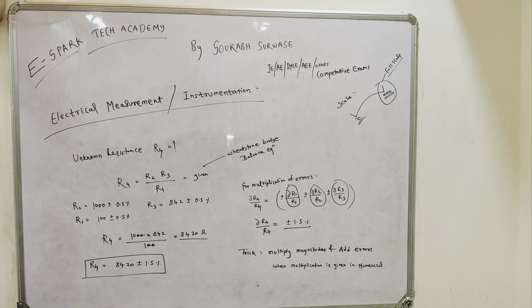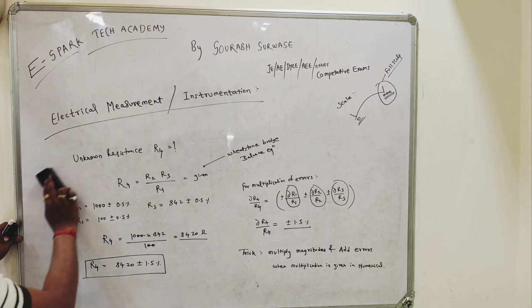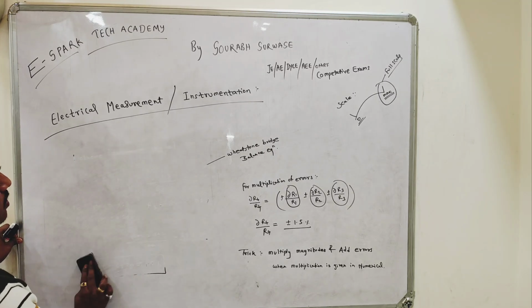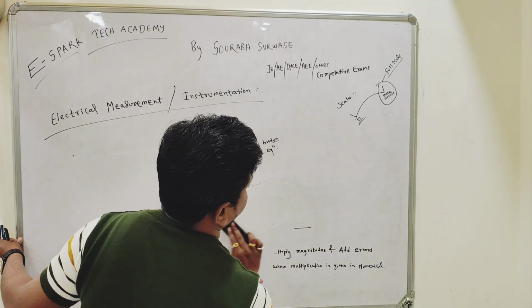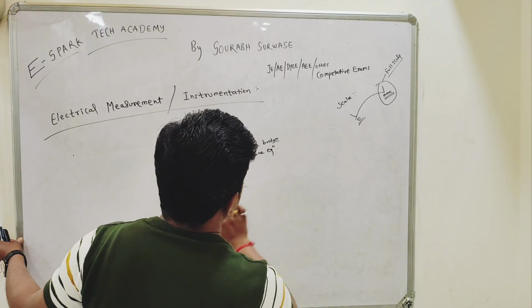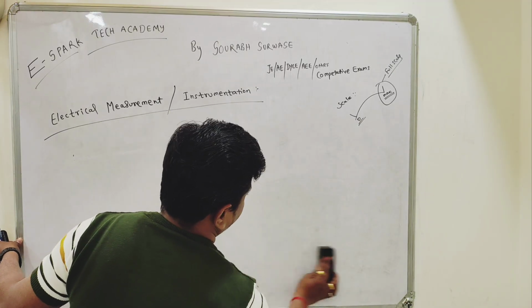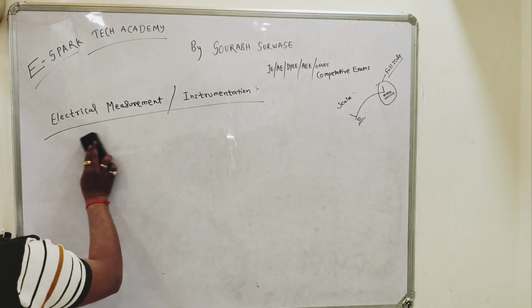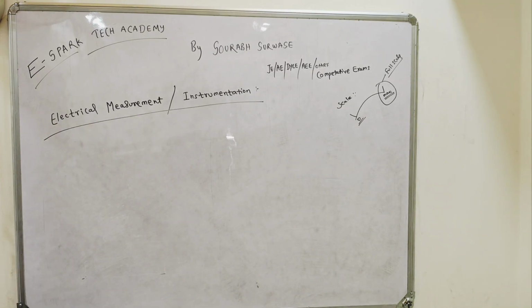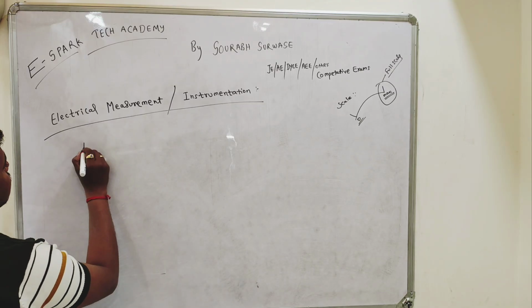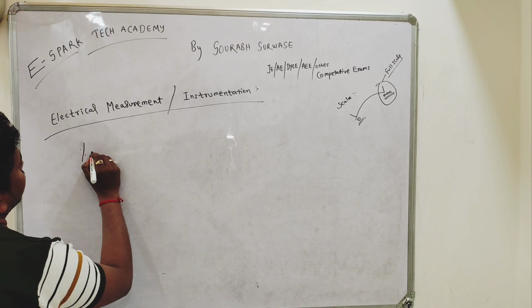Now again one important concept which I will be teaching you is the range error problem. For range error, I will just give you one formula, and then I will be teaching you what range error is with the help of an example.